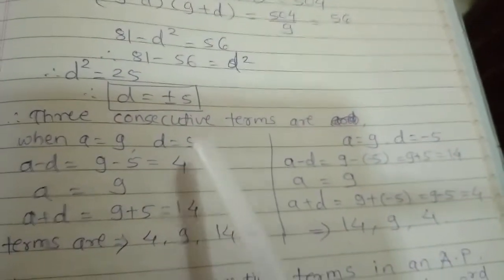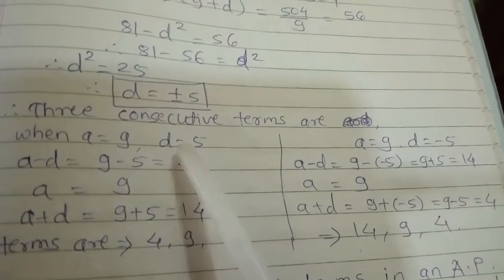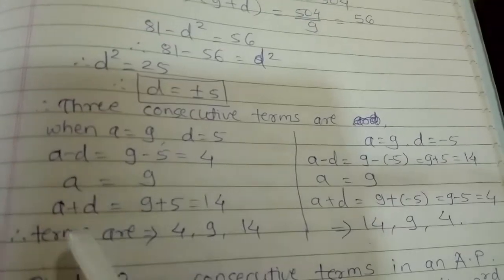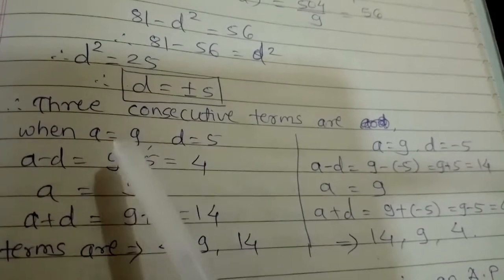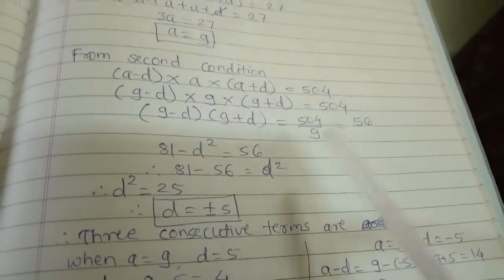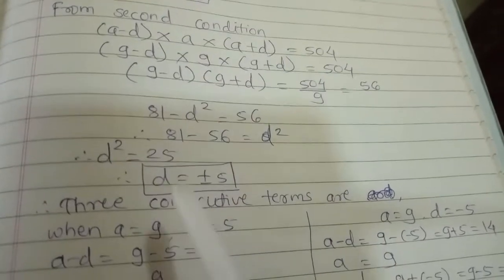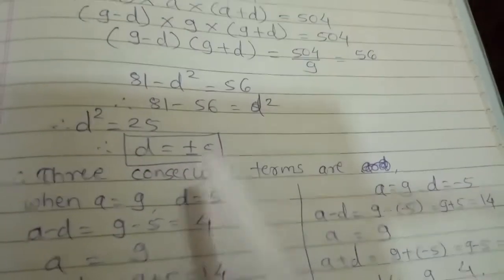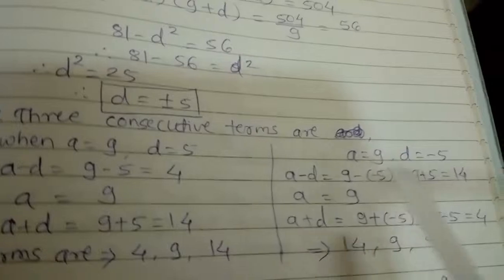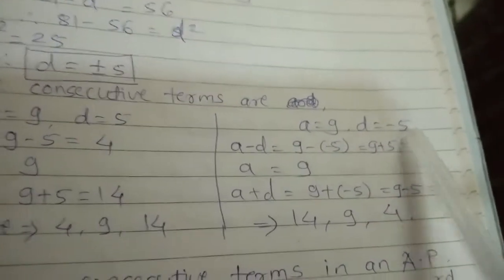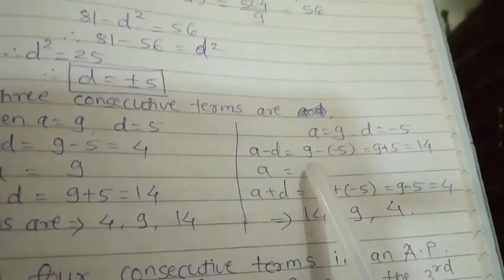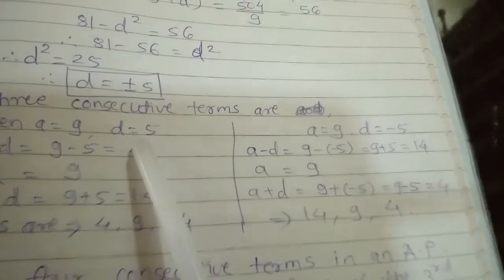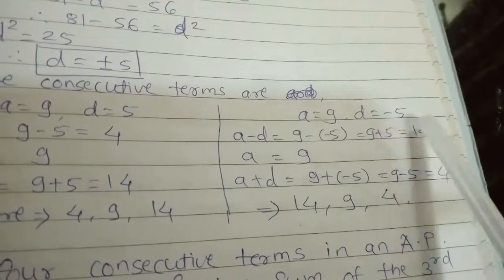And now we are going to find out our numbers. So we consider the consecutive terms are a minus d, a and a plus d. Now we are taking the 2 values. We know that a is 9, we already found it here. And we have the 2 values of d. So first we are taking plus 5 and in the second part we take minus 5. So simultaneously we find the values where a is 9 and d is 5, and here a is 9 and d is minus 5.